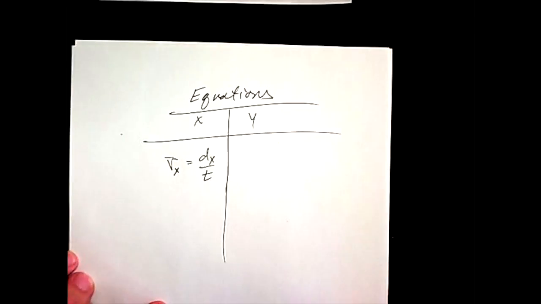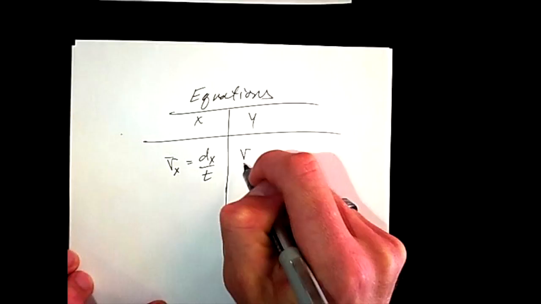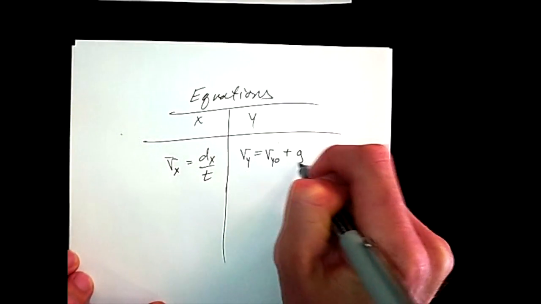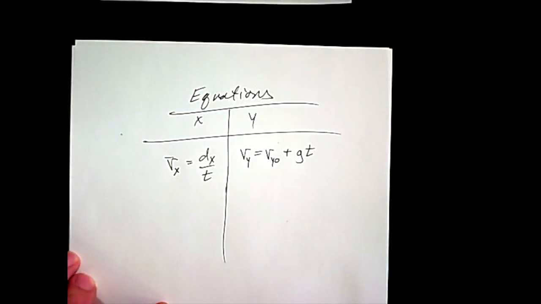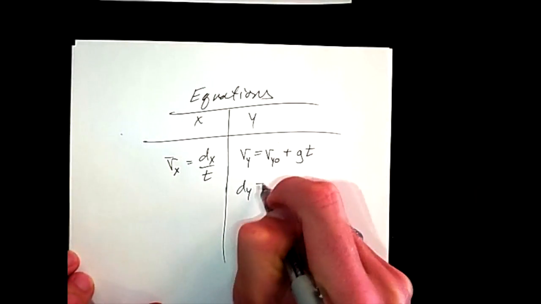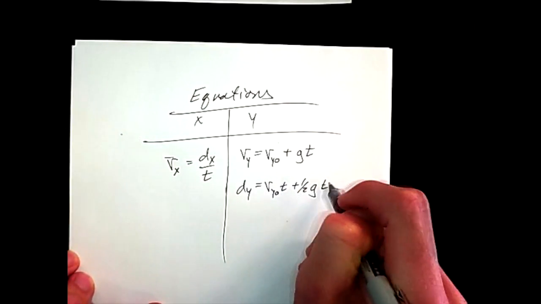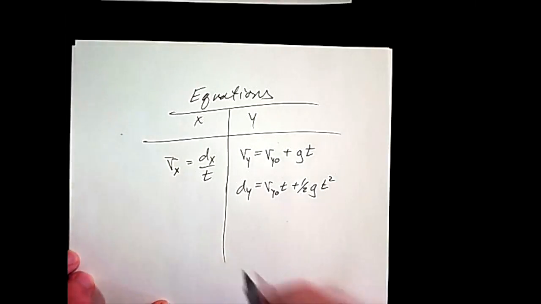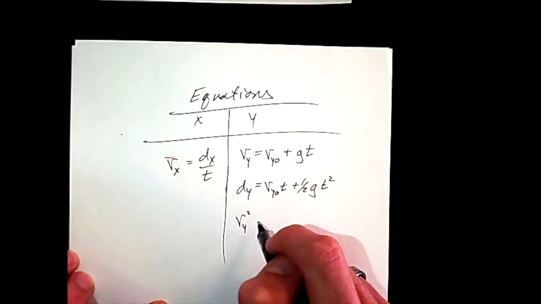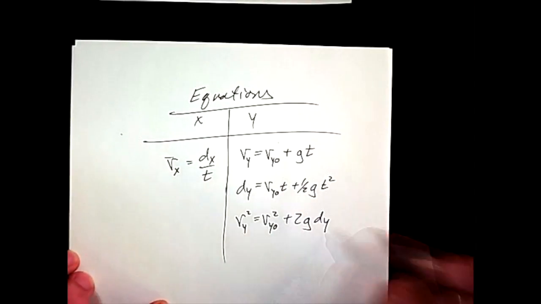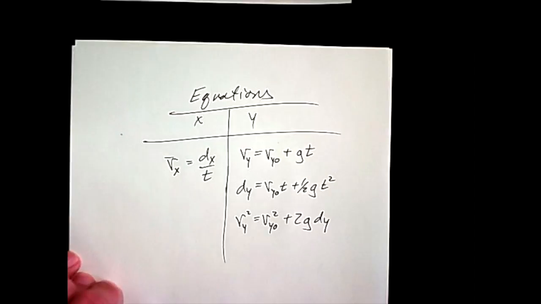In the vertical direction, rewriting these equations, vy equals vy naught plus g times t. dy, or the height, equals vy naught t plus 1/2 g t squared. And vy squared equals vy naught squared plus 2 times g times dy. They are the same equations, listed with slightly different notation in order to keep separate x's and y's.